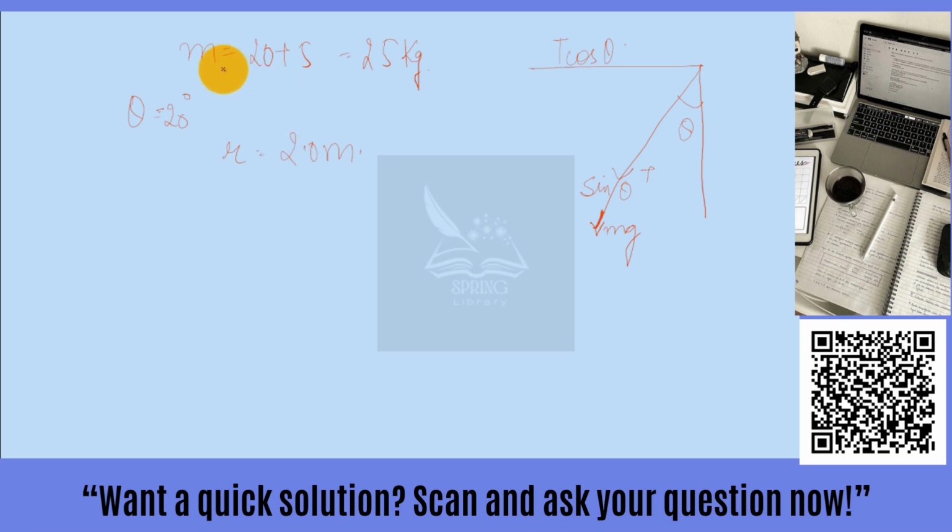Here given small m is equal to 25 kg, theta is equal to 20 degree, radius is equal to 2.0 meter, omega is equal to 14 rotation per minute. Hence we can convert it to 1.41 rotation.